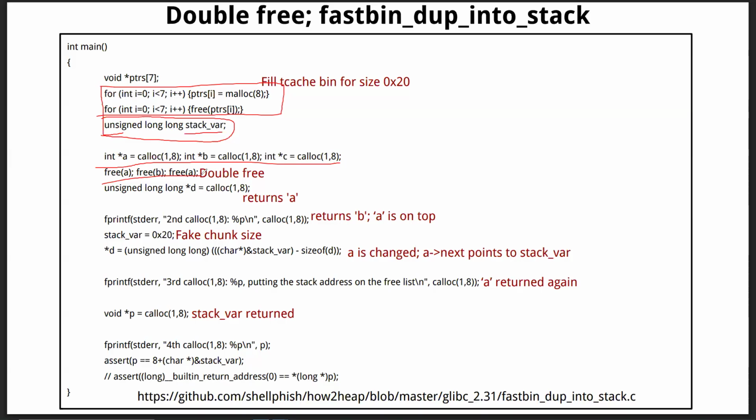Now we calloc, and this one we call D, which is A. So now we have a D, same as A, and A will be removed from this list.